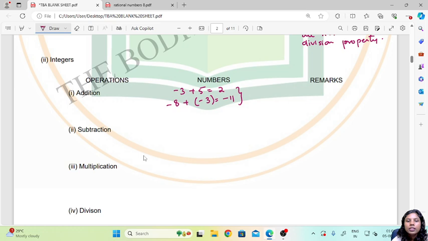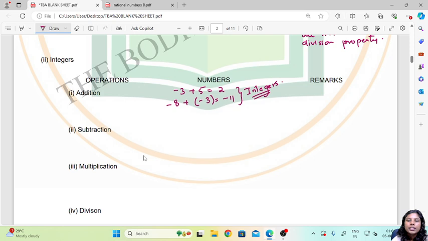Now you see here, these numbers that we are adding are integers, as well as the answers that we are getting are integers. Integers are a combination of positive as well as negative numbers. So these answers are also integers.